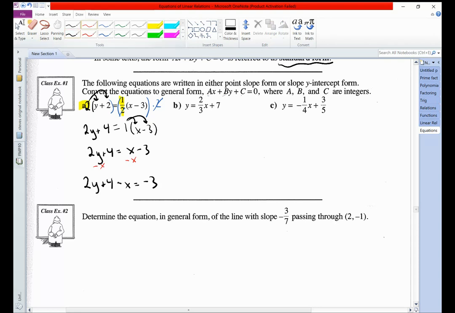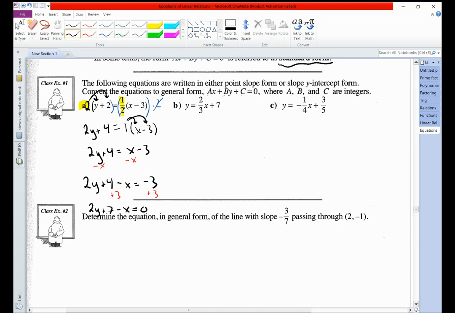And then we can add 3 to both sides. And what we get is 2y plus 7 minus x is equal to 0.